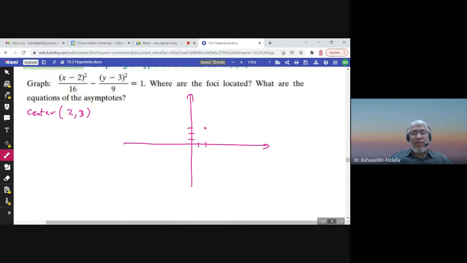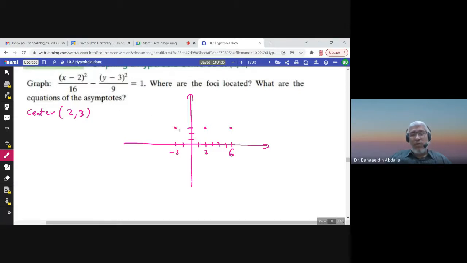Now I have 16 below (x minus 2) squared, so I'll go 4 units to the right, 4 units to the left. This is 2. If I go 4 units, I reach 6. This is the point. And 4 units to the left, so 2 minus 4 would be negative 2.